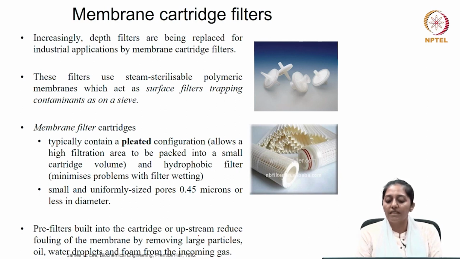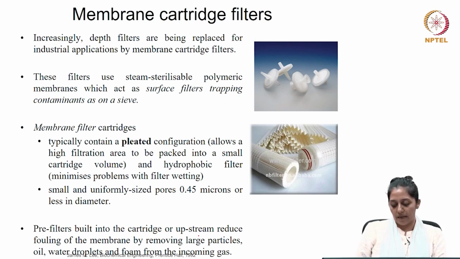Small and uniformly sized pores, nearly 0.45 microns or less in diameter, are present on these membrane filter cartridges. Pre-filters can be built into these cartridges or placed upstream, which can reduce the fouling of the membrane by removing large particles, for example air or water droplets or foam in the incoming gas.